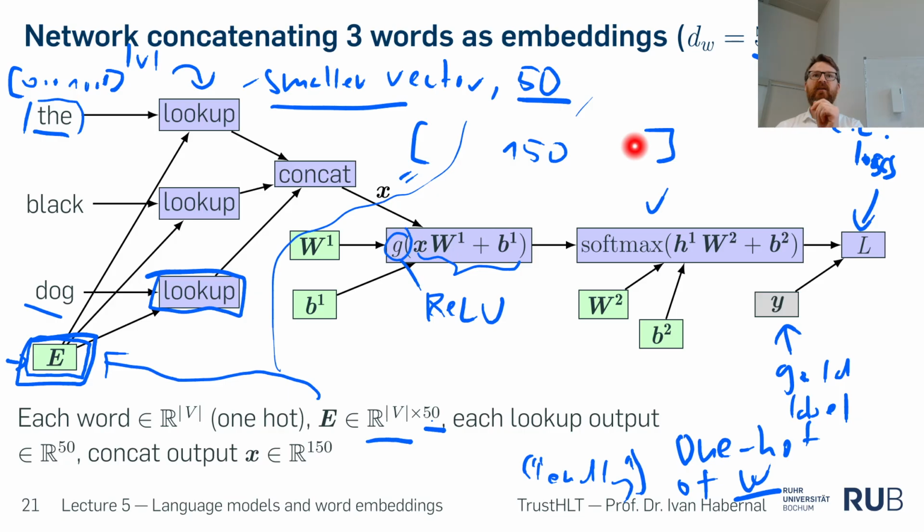Does it make sense? Any questions? Anything which you don't understand on this? Yes? Oh yeah, if we are at the beginning of the sentence and we don't even have 3 previous words, what would you do? Like, the easiest solution to this? Zeros.